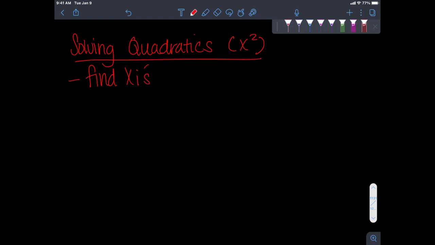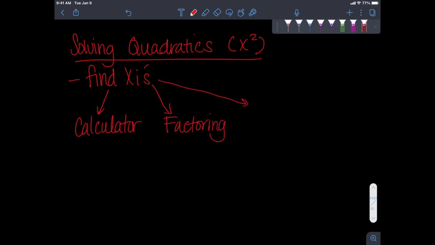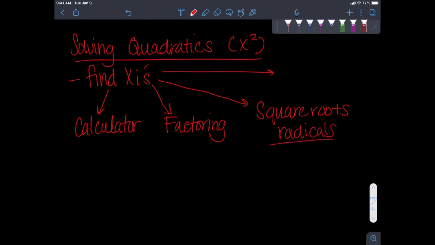That's what we want. We want our x-intercepts. Now, there's a lot of different ways that we can do this. Of course, we can use our calculator. Of course, we practice it a million times, factoring. We can also use those square roots, or radicals is the broader term. And we can also use that quadratic formula.